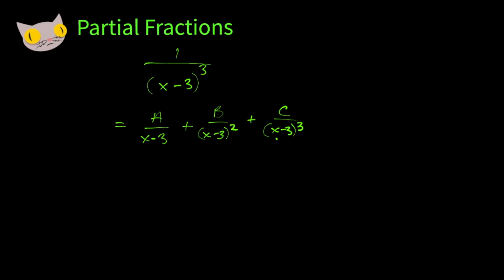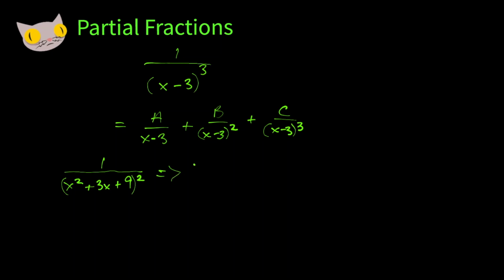And the same thing applies if you have a quadratic in your denominator. So say you have 1 over x squared plus 3x plus 9, or whatever, all squared. You're going to have partial fractions like this.